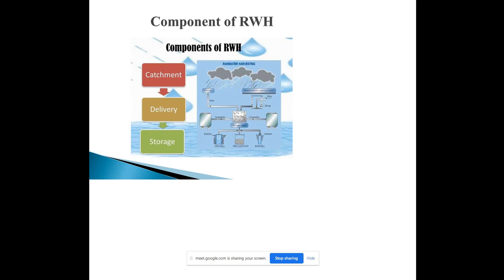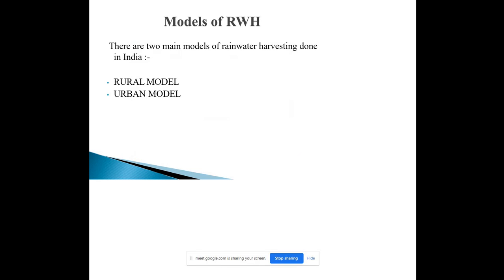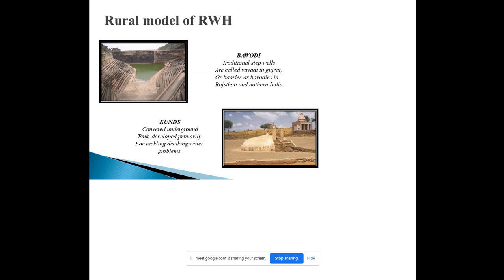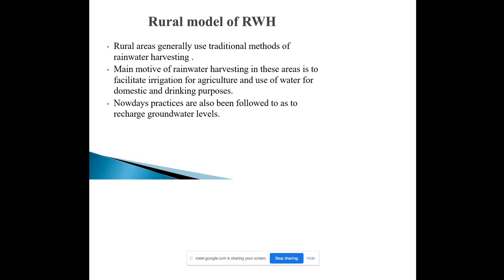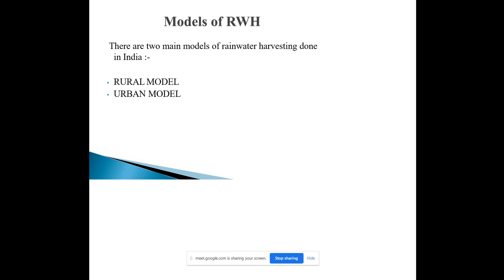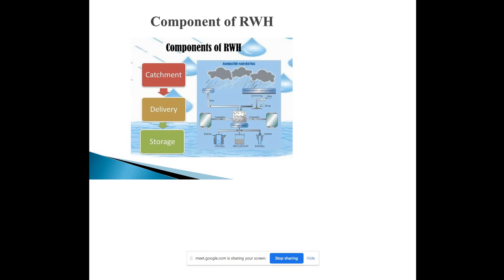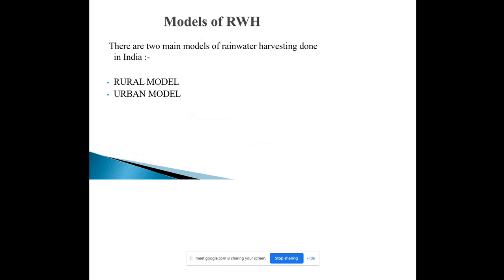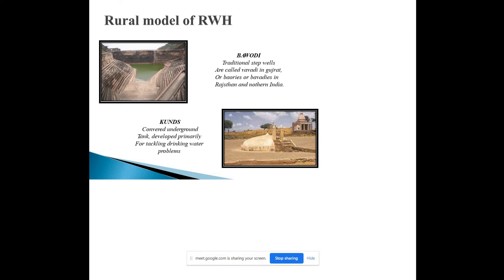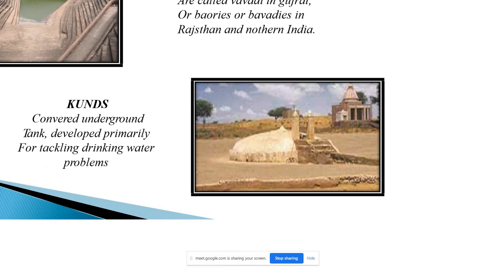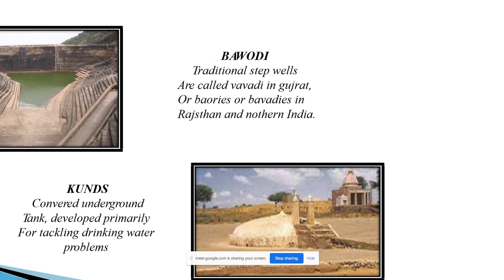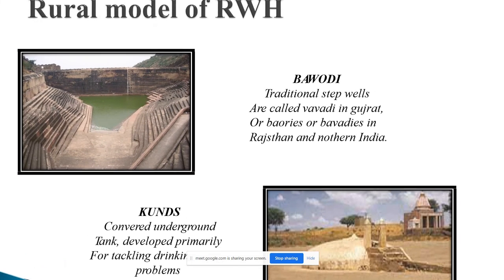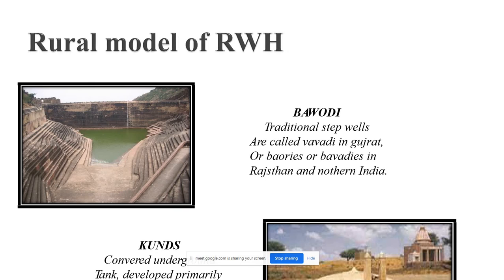In rural areas, we have the examples of bawdis and kunds. Bawdis are generally a staircase and open area of ground where we can store the rain. And the kunds are an example of a closed structure which is used to conserve the water. These are generally found in Rajasthan.